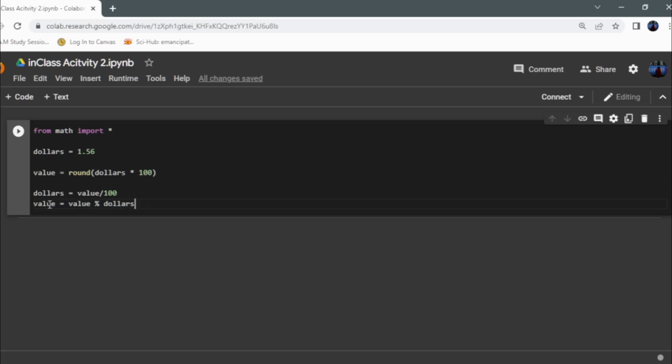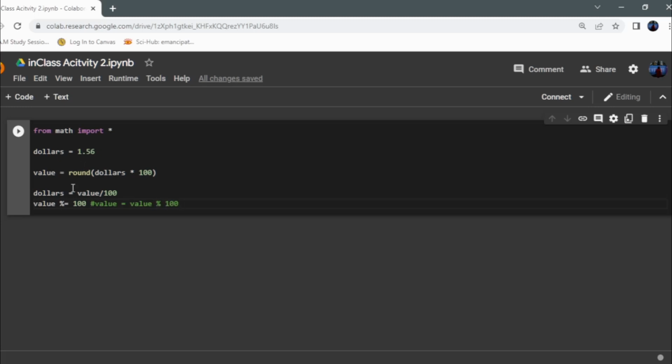Now we could use this equation, but there's a quicker way which has been taught. You have modulo equals, value modulo equals 100, which can be stated as value equals to the value modulo 100.